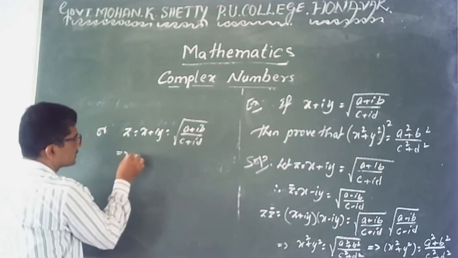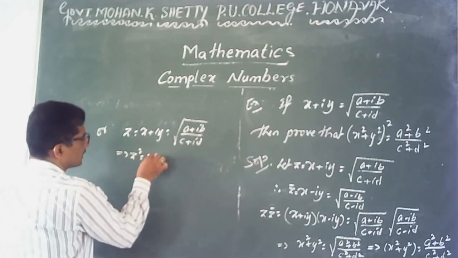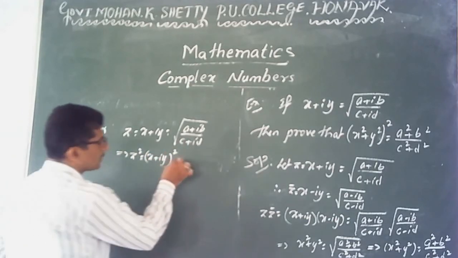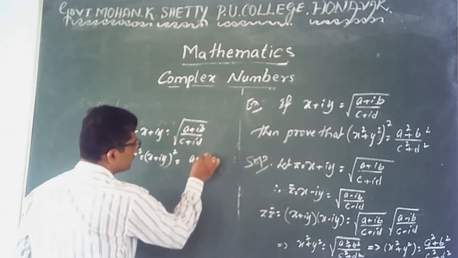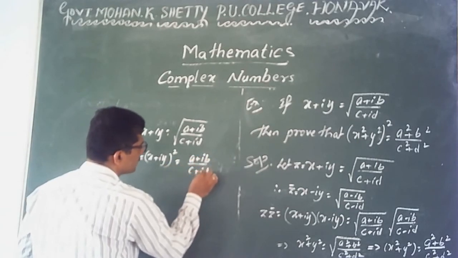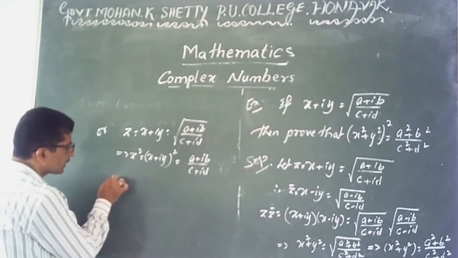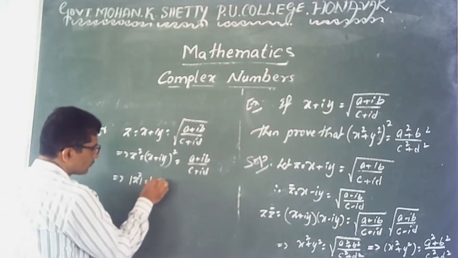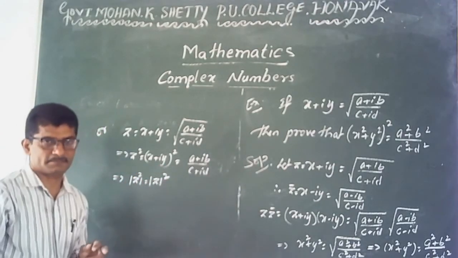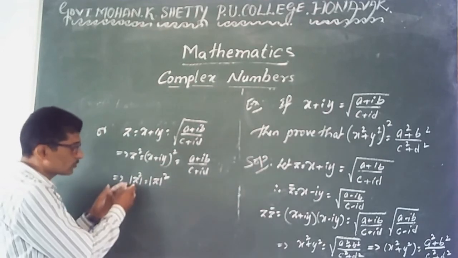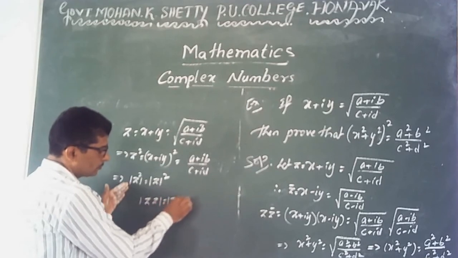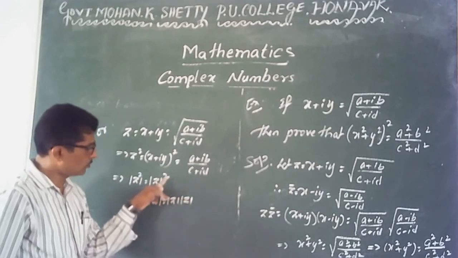It implies z square, x plus iy whole square, its value is equal to a plus ib divided by c plus id. Now take the modulus of z square, its value is exactly equal to mod of z whole square, because using the product, mod of z into mod of z means mod of z whole square.